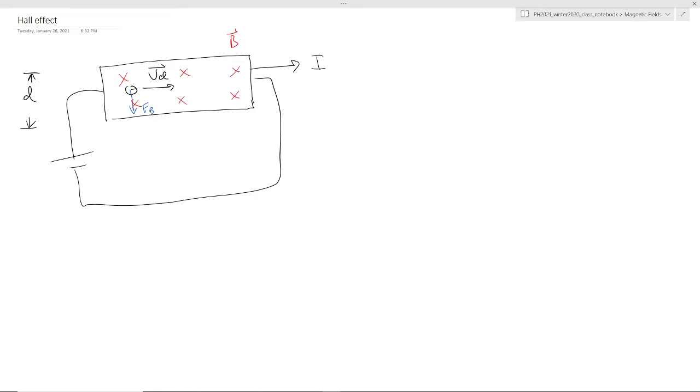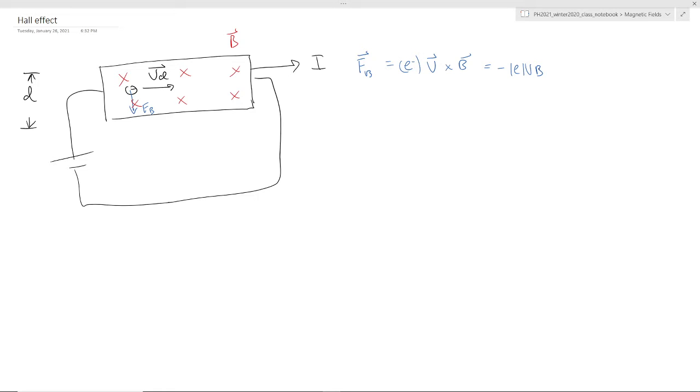Do your right-hand rule. And that force would of course be qv cross B. Since they're perpendicular, this just looks like negative the charge of an electron, vB.